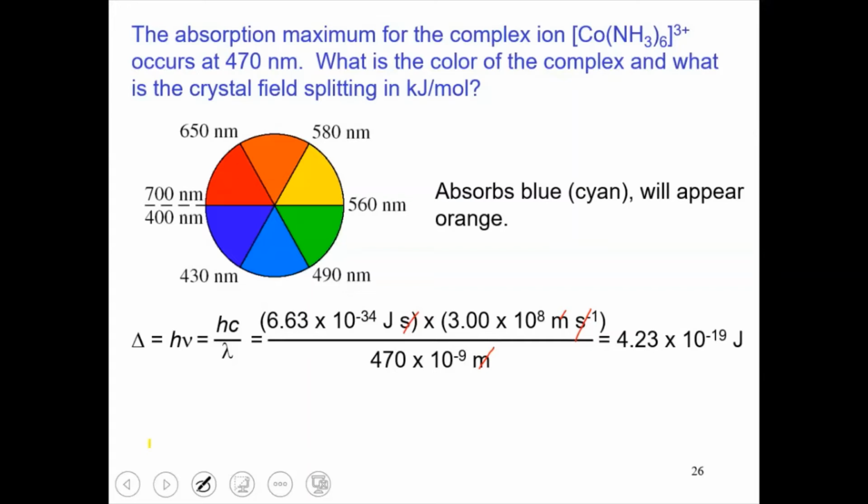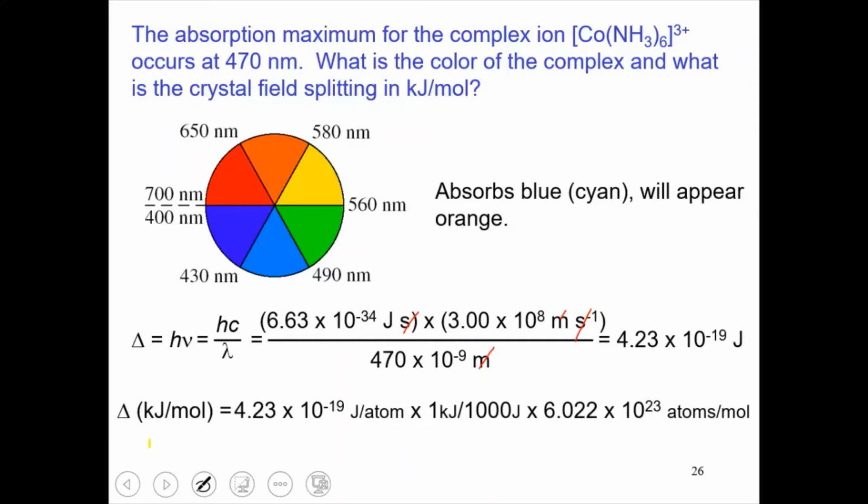In other words, this is the energy applied to the transition across the crystal field splitting gap for one single atom. We want kilojoules per mole, right? So we're going to have to take this and multiply it times 1 kilojoule per 1,000 joules times Avogadro's number.